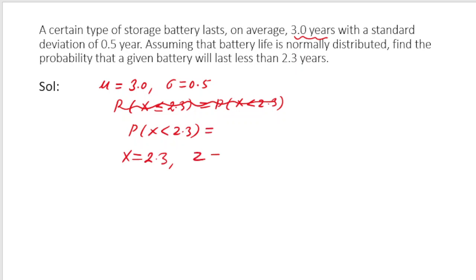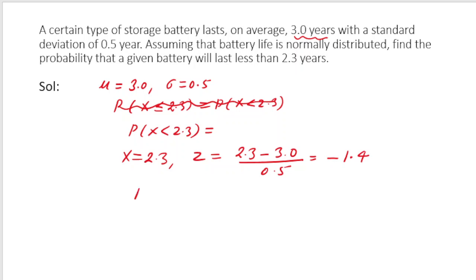I will calculate z. Z is equal to x, that is 2.3, minus mu, that is 3.0, by sigma, that is 0.5. So it will become how much? 2.3 minus 3 is minus 0.7, and then it will be multiplied by 1 by 0.5, that is 2, so it will be minus 1.4, right?